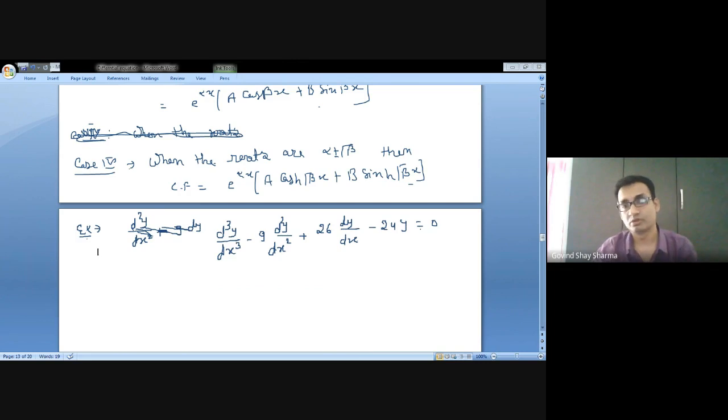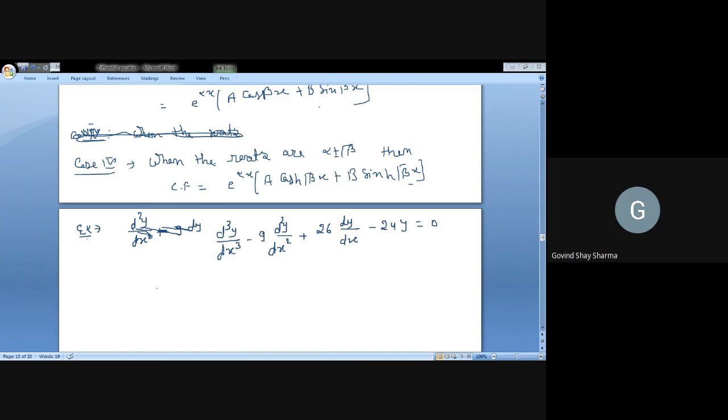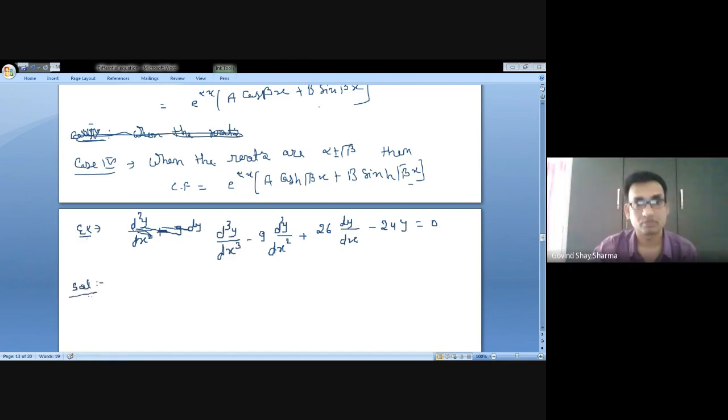This is the linear form of differential equation, and the order is 3.